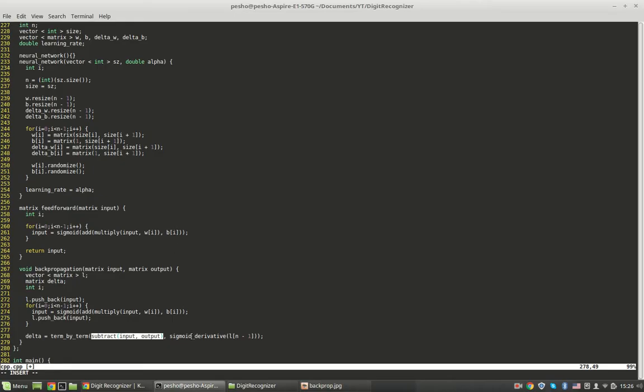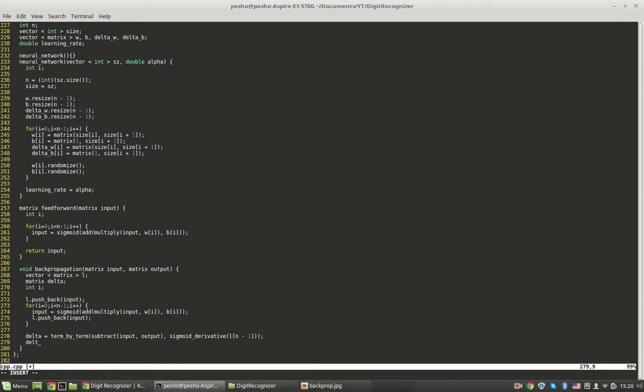So that's everything. And we can say that this is actually the gradients, the partial derivatives with respect to the biases of the last layer. So as I said earlier, in delta W and delta B, we're going to accumulate those values.